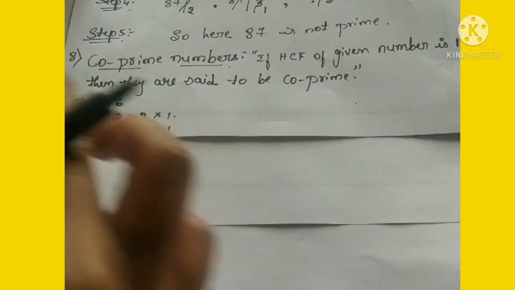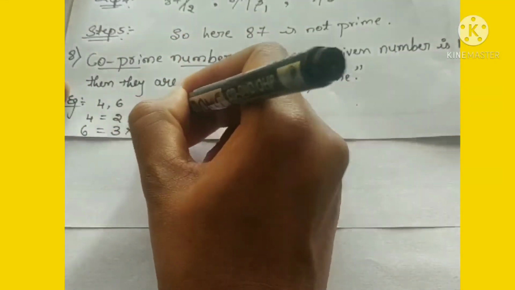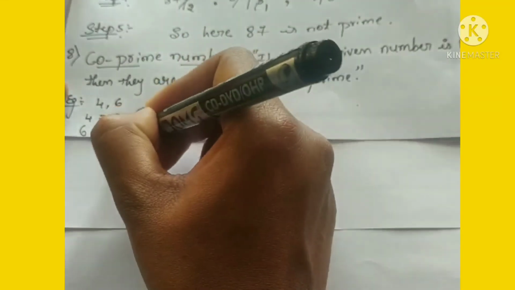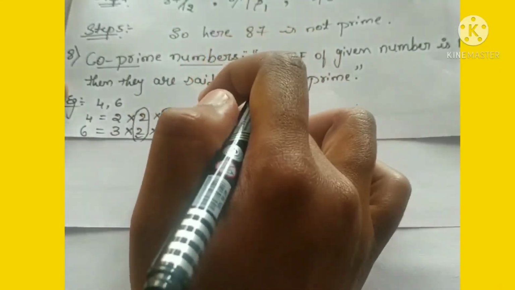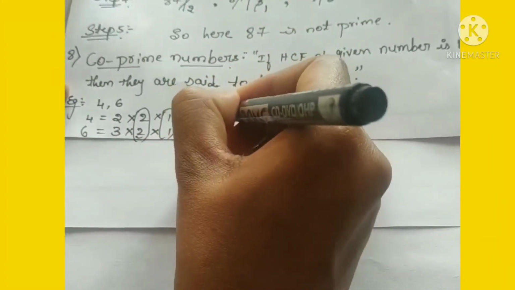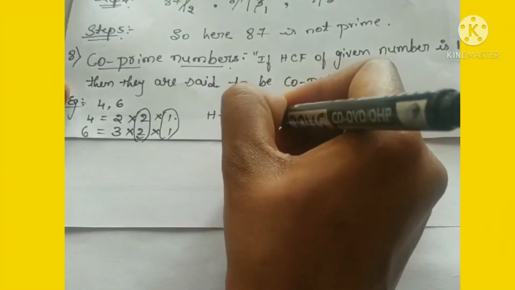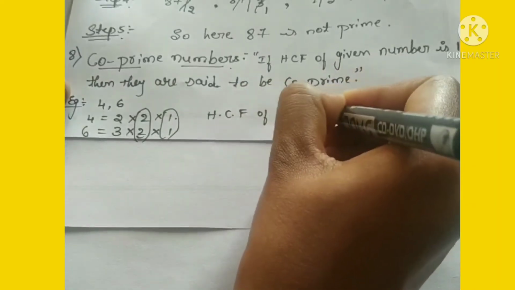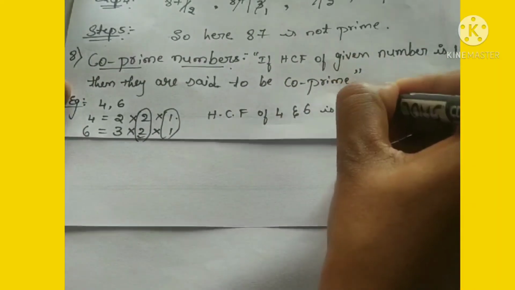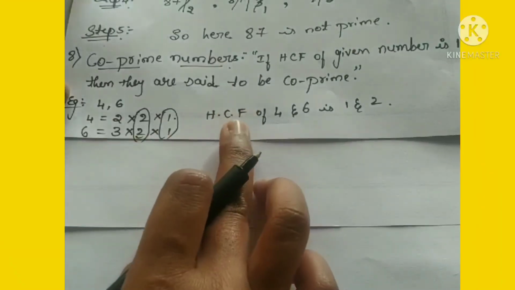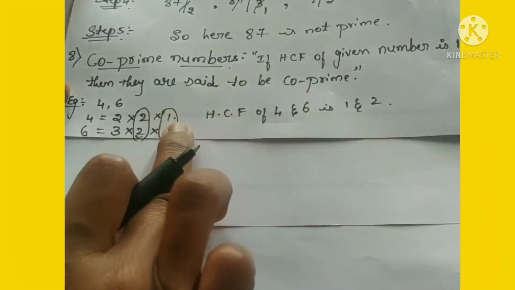Now I group the similar numbers, 1 and 2. The highest common factor of 4 and 6 is 1 and 2.